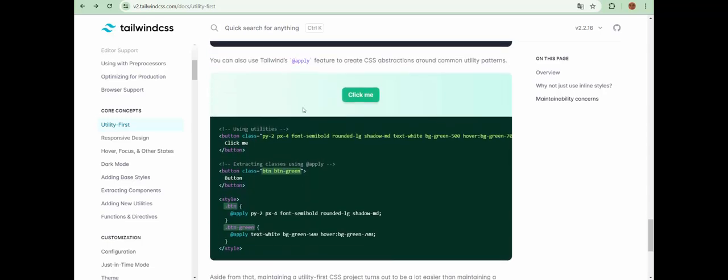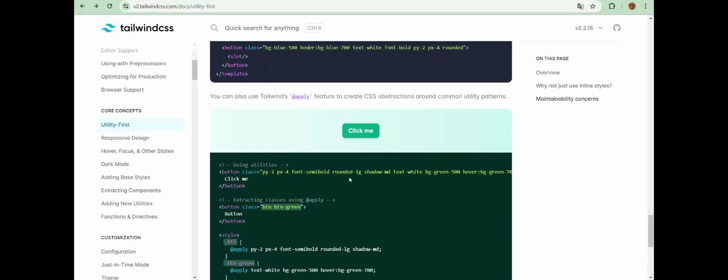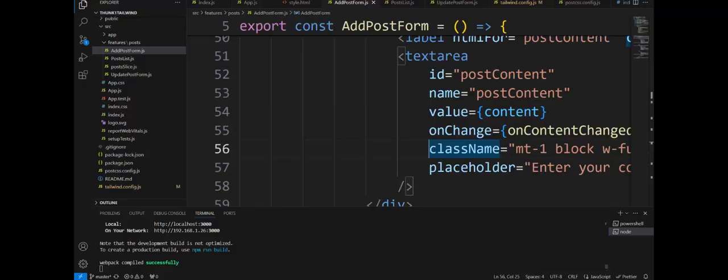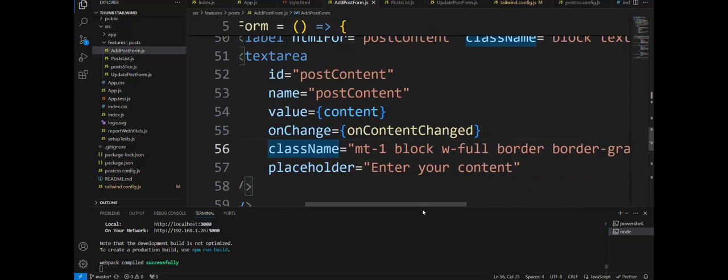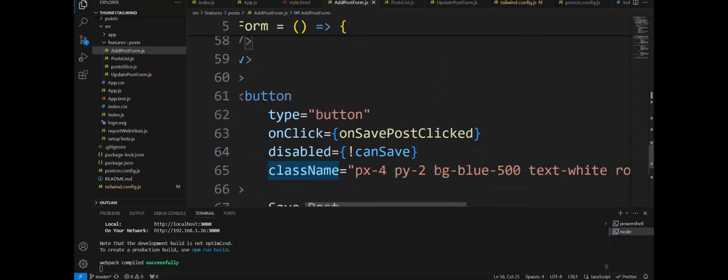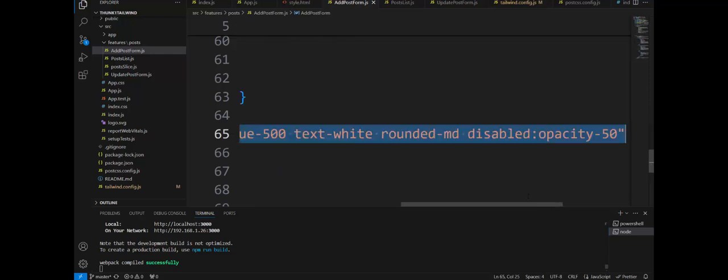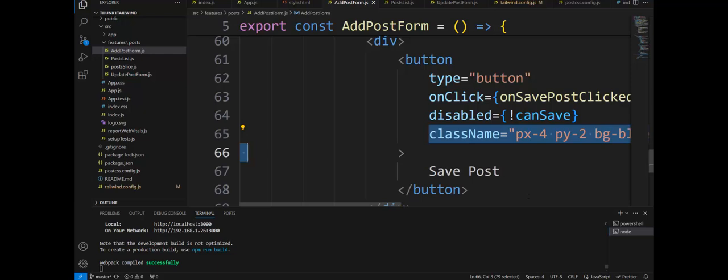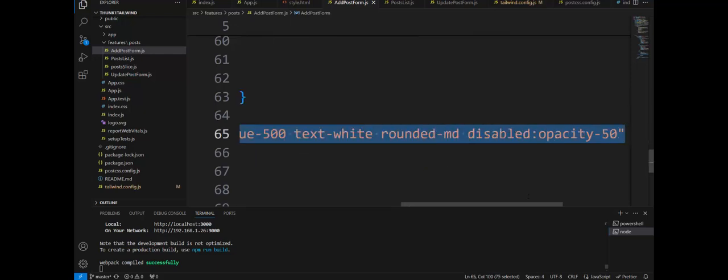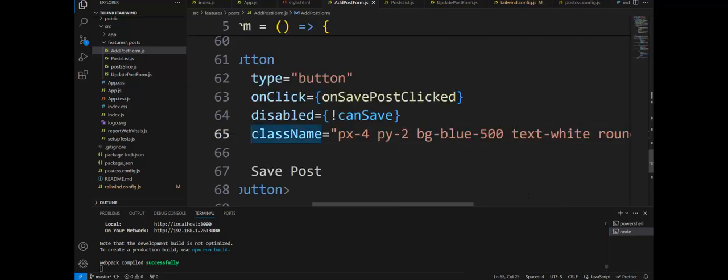Okay, of course. Look here, for example, the button, class of button. If I need that button in another place, I will copy this class name in the other place.